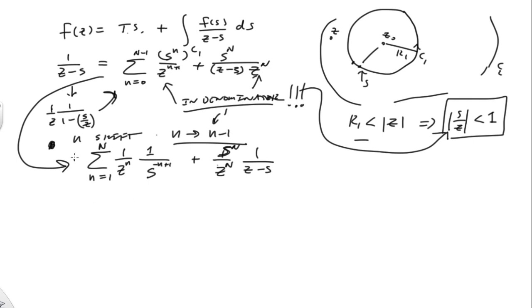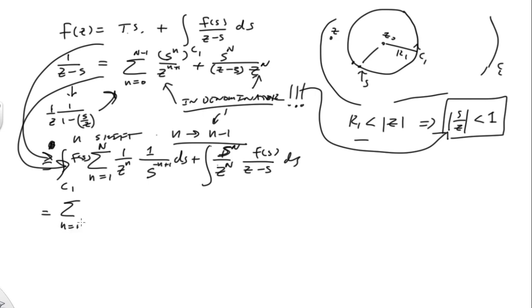Now what we're going to do is, of course, multiply this by f of s, and then integrate over c1 ds. And same thing here, f of s, and that, of course, makes it equal to this top bit here, ds. We're going to pass it through this finite sum, and so, of course, now we have that 1 over z coming out. So we have that summation now coming out, n equals 1 to n. And now we have a 1 over z coming out front to the n power.